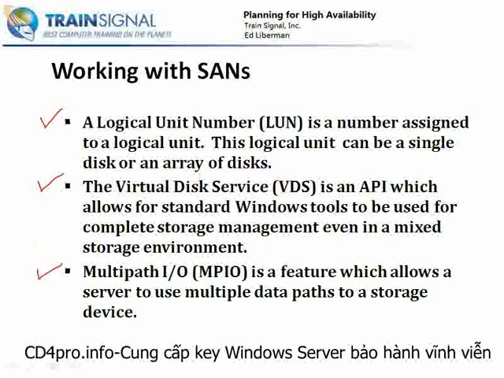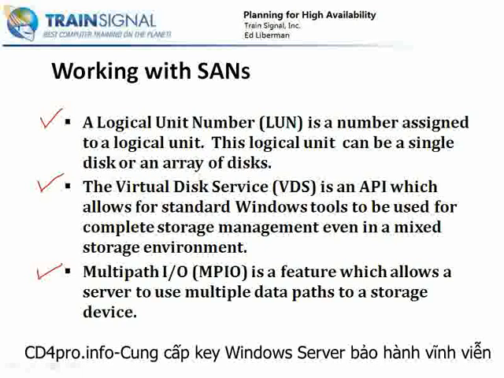Now, Multiple Path Input-Output, or MPIO, is a feature which allows a server to use multiple data paths to access a storage device. So really this is a form of high availability between a server and storage. Because in a storage area network, the data itself is going to be stored outside of the physical server.